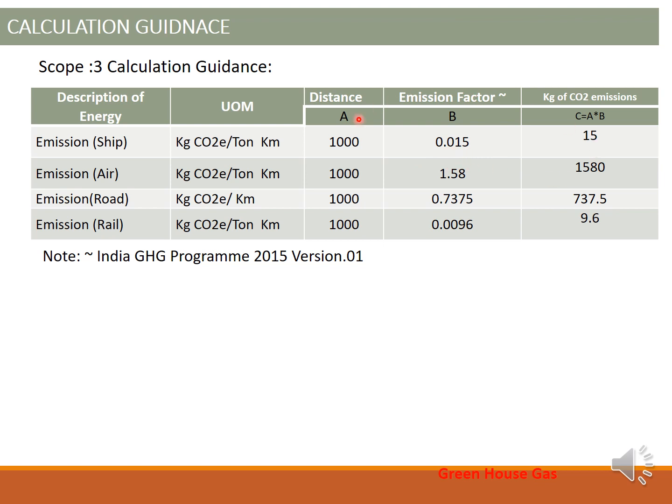For air, 1000 multiplied by 1.58, so we will come to know the CO2 emission of air travel. Similarly for road it is 737.5, and for rail it is 0.0096.96. So the most emission is from air, after that road, after that ship, after that rail.